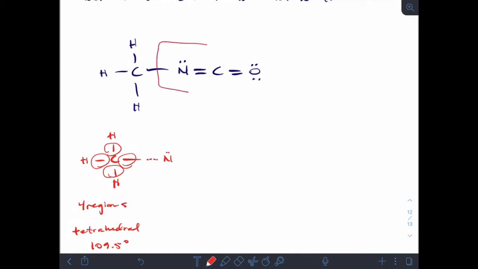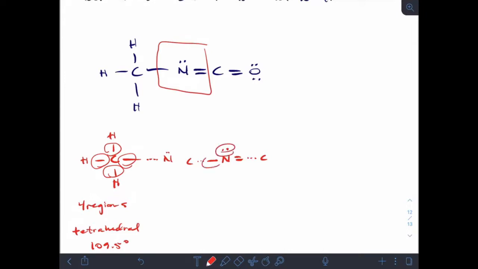So if I focus on what's going on with the nitrogen, what I have is a nitrogen double bonded eventually to a carbon, singly bonded to another carbon, and has 2 lone pairs.